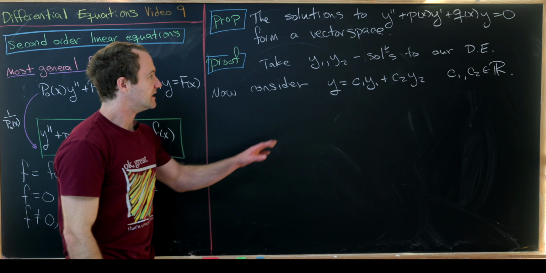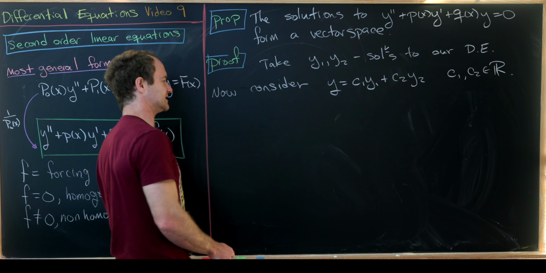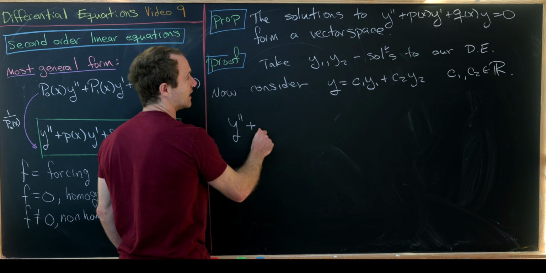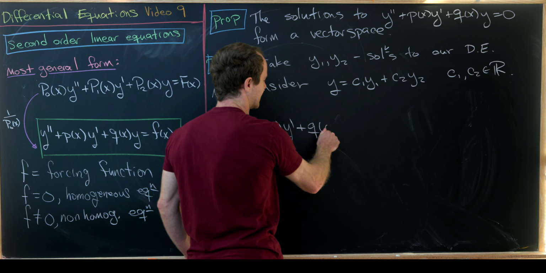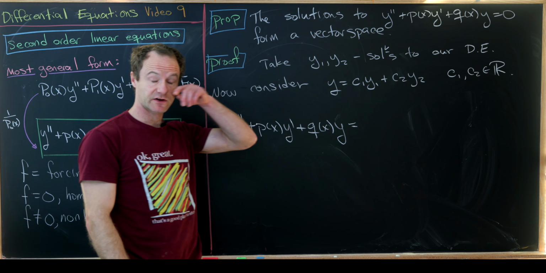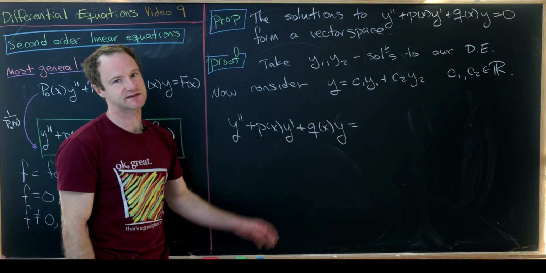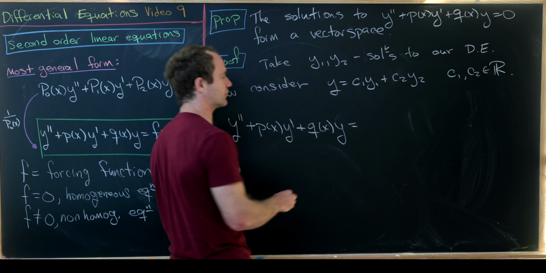Great. Now let's plug this y into our differential equation and see what happens. So we have y double prime plus p of x times y prime plus q of x times y equals, well, we have to take the second derivative of y and the first derivative of y, but since c1 and c2 are constants and we've got a sum of those things, we can use the linearity of the derivative.